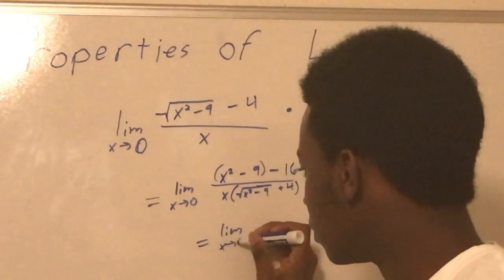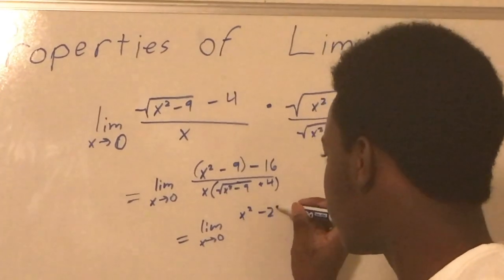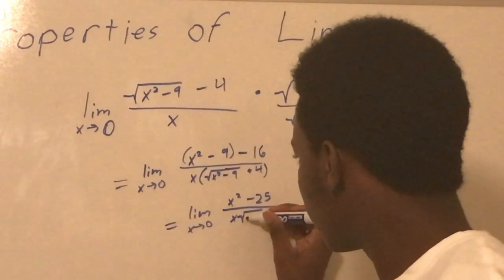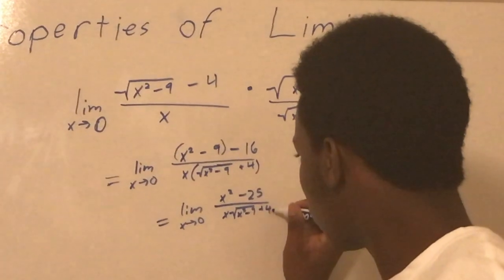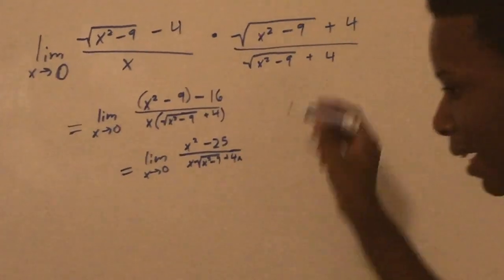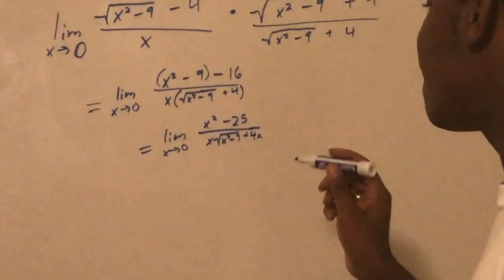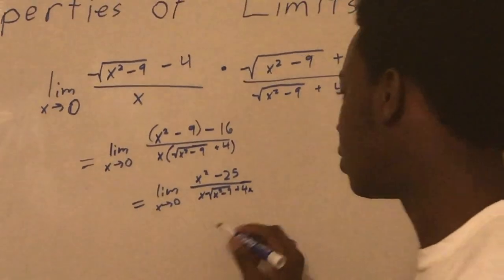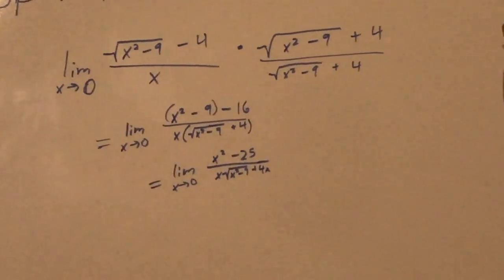And then we would just simplify that by rationalizing the denominator.